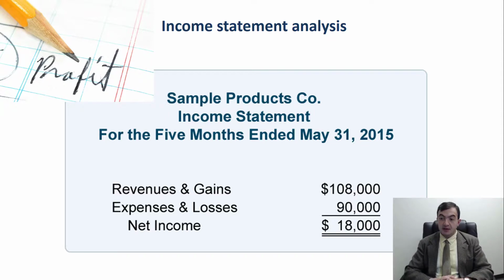As in the case of the balance statement, we want to simplify those financial statements and understand the structure of revenues, expenses, and net income in main general dimensions, and we want to get a good understanding of the company's revenues, expenses, and net income.